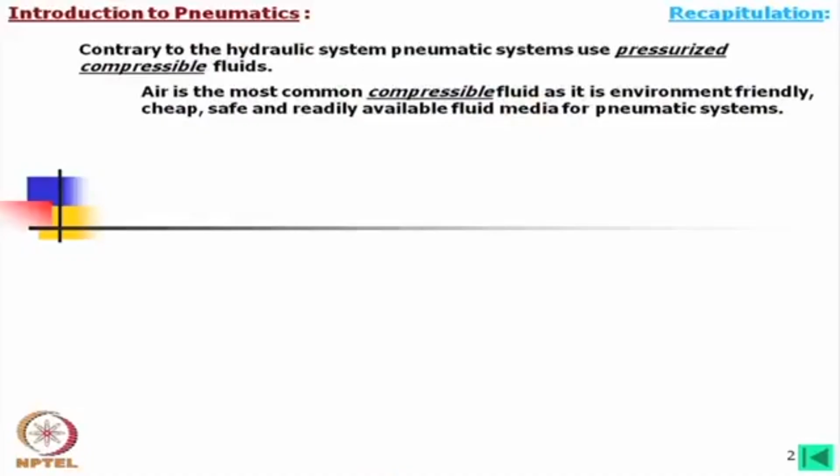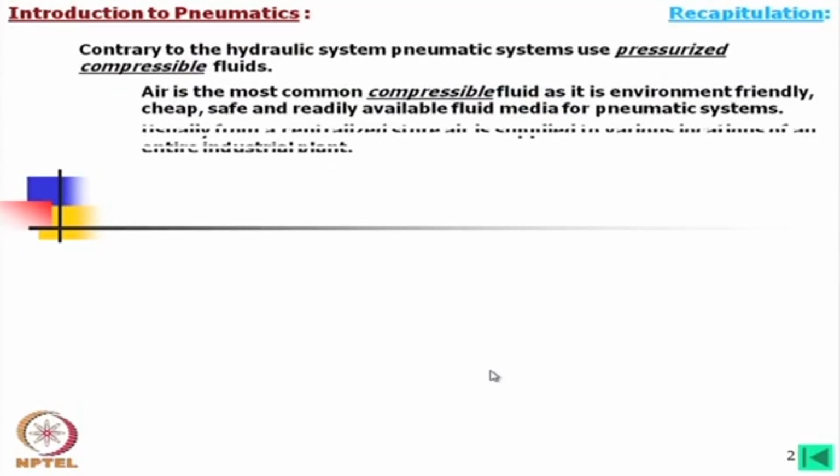Air is the most common compressible fluid, as you know, as it is an environmentally friendly, cheap, safe, readily available fluid medium for pneumatic systems. Usually from centralized stored air, it is supplied to various locations of an entire industrial plant.